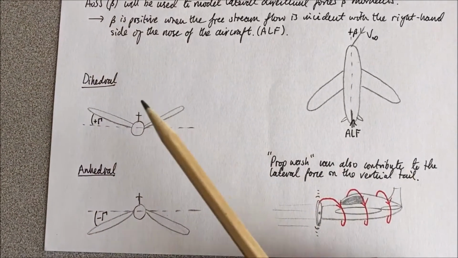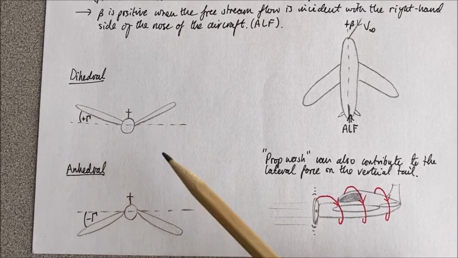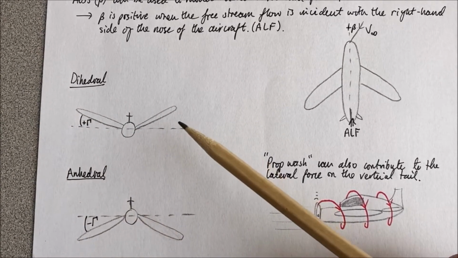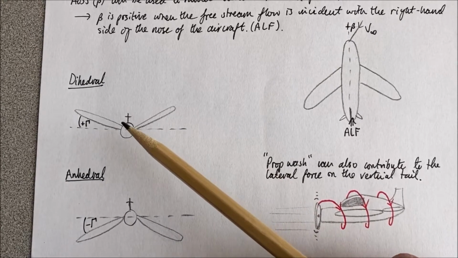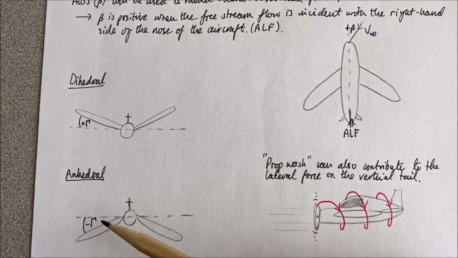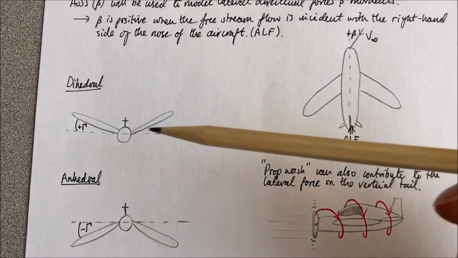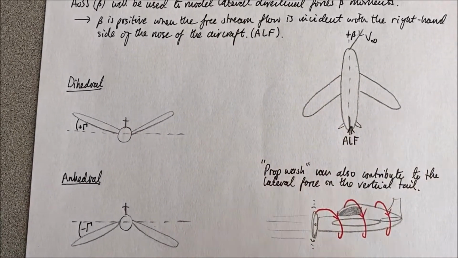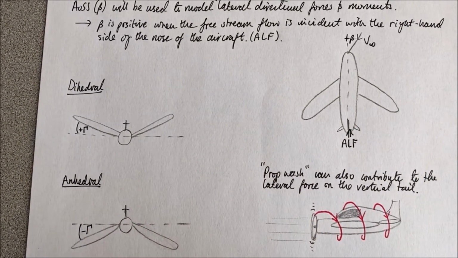A couple of other bits. Dihedral, so this is going to be important when we look at what's affecting the side force on the aircraft. If the aircraft has large positive dihedral, or anhedral in the negative sense, then the component of side force due to side slip is going to be larger than if it's got no dihedral, right?